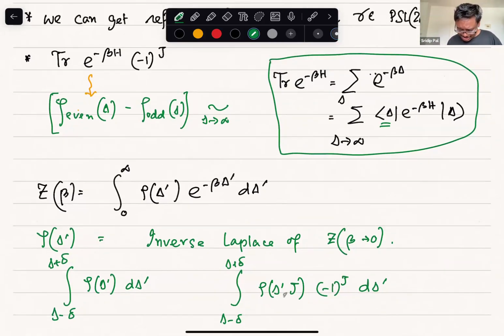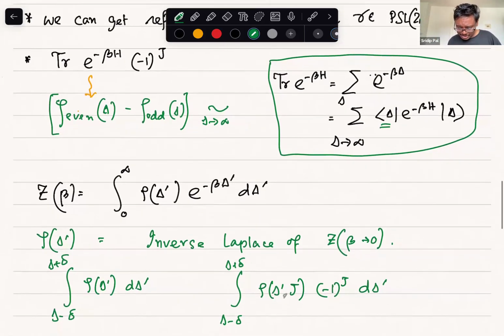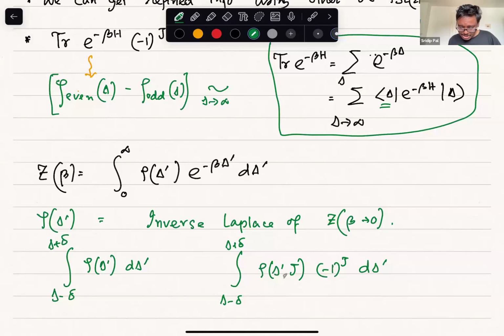One more technical comment: normally when I have trace e^(-βH), in the microcanonical ensemble I have this kind of quantity, which is all positive definite. So mathematically you can write down some rigorous theorems which take you from the canonical to the microcanonical for trace e^(-βH).